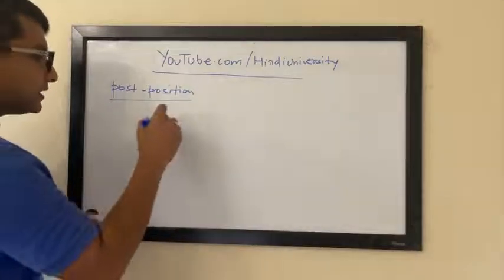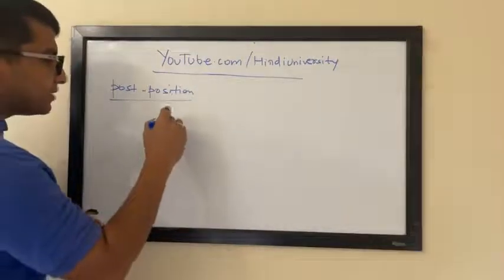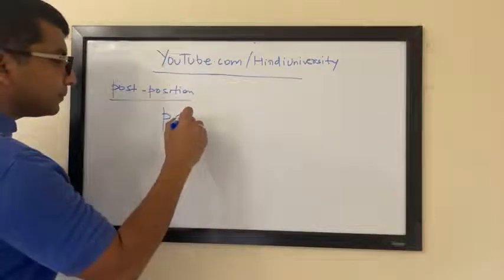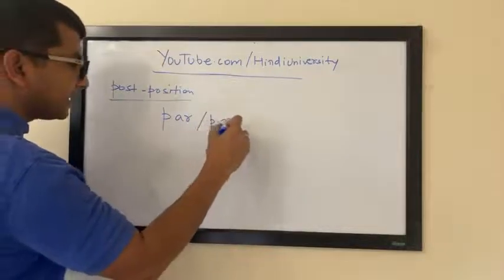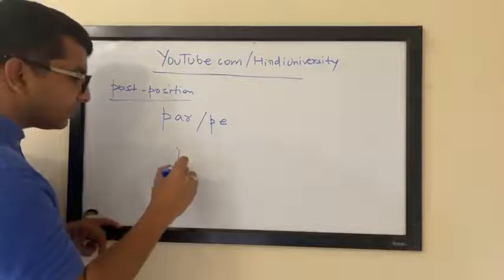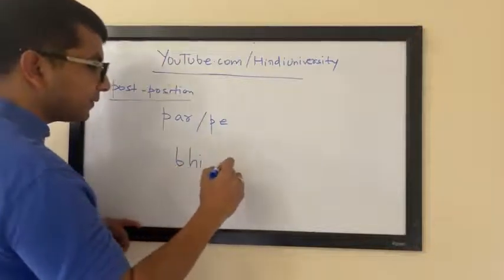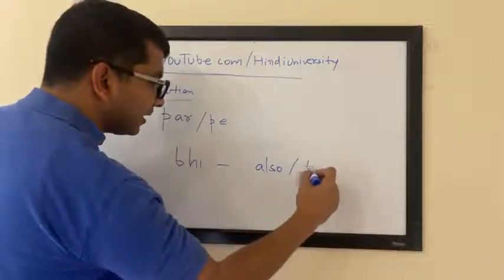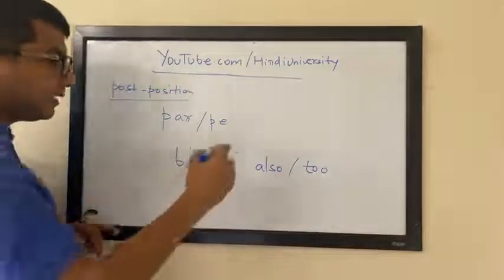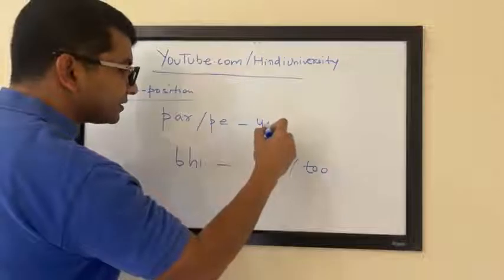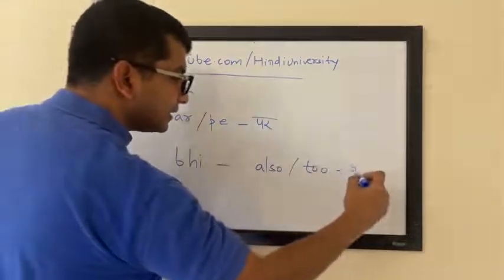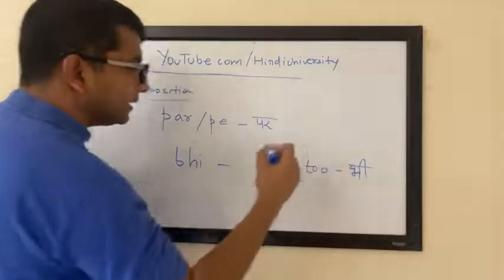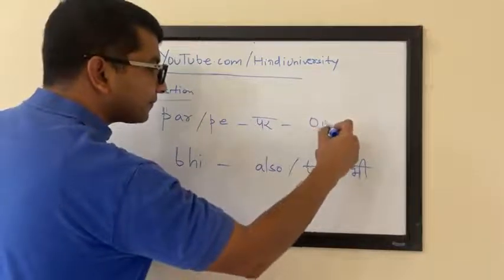If you recall, in the very beginner session, we learned about two postpositions, par or pe, and then we also learned about a keyword called bhi. Bhi means also in English, as well as too, and par is on.